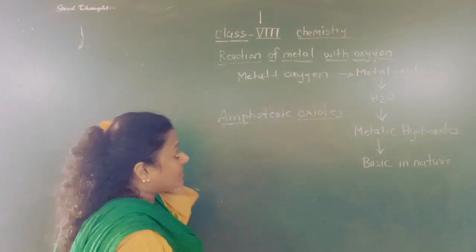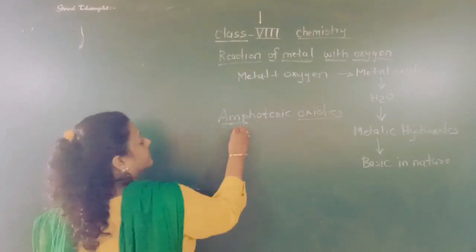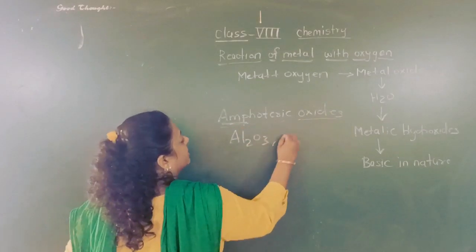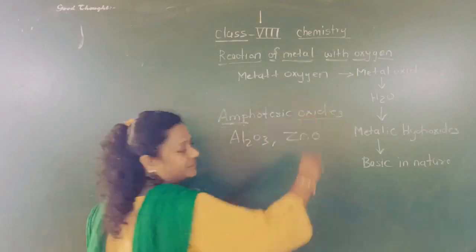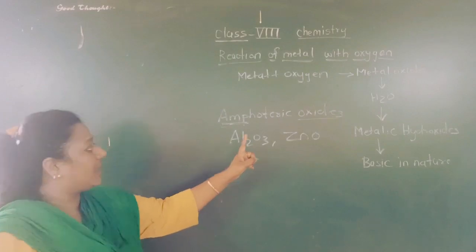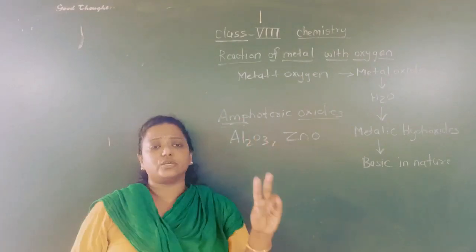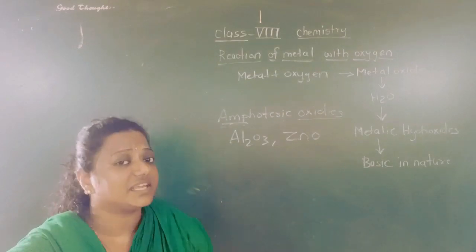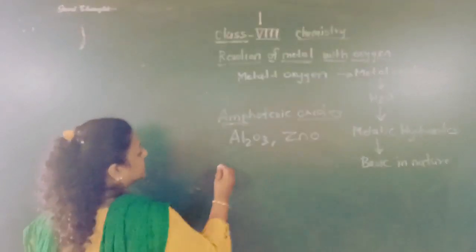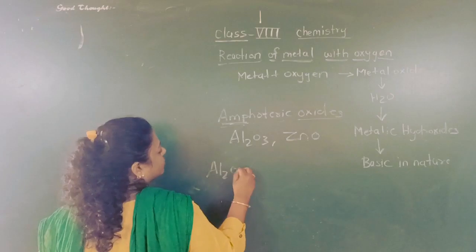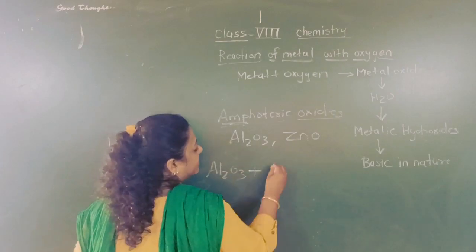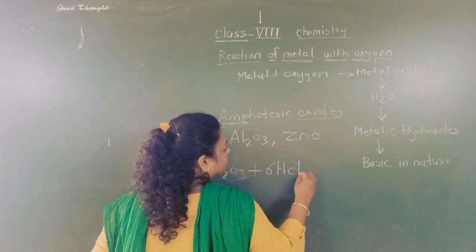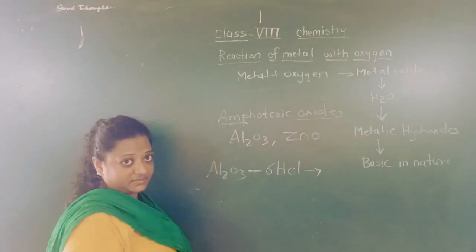Which are those amphoteric oxides? That is Al2O3 and ZnO. Al2O3 and ZnO are 2 oxides which are amphoteric in nature. Means how, students? That I shall explain to you. Suppose this is Al2O3. If it reacts with HCl, HCl is what? Acid.